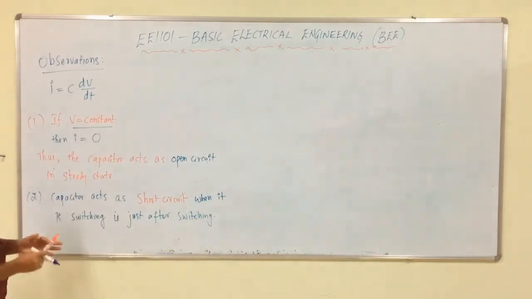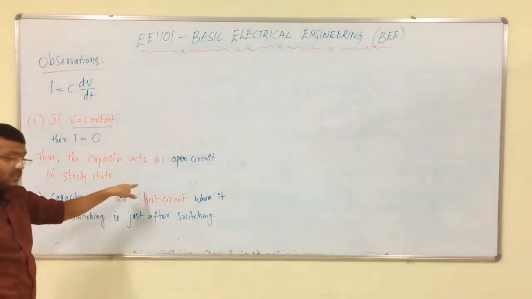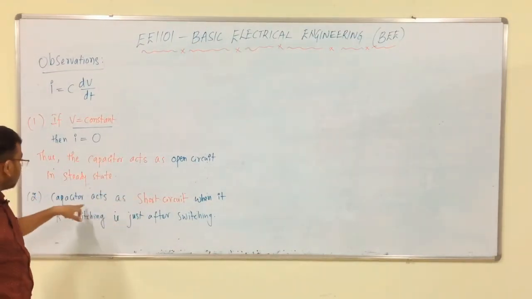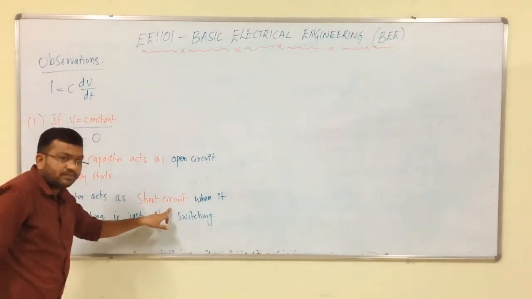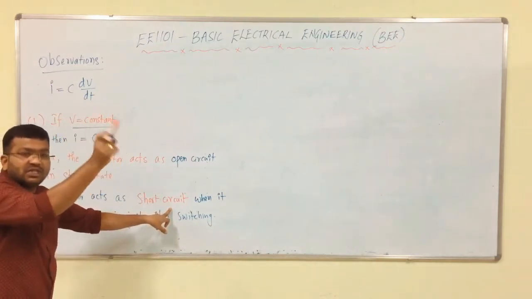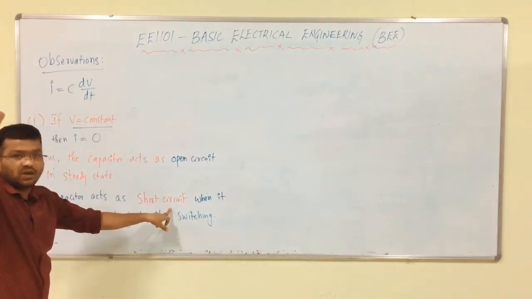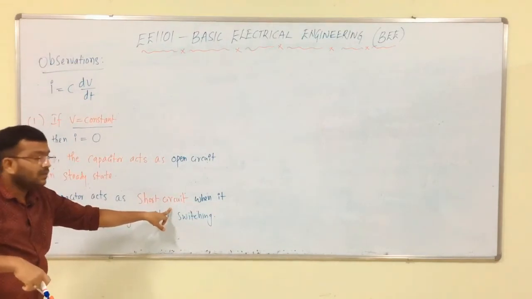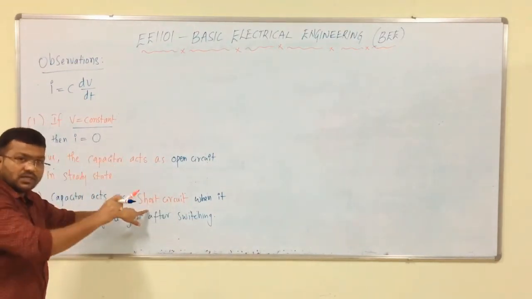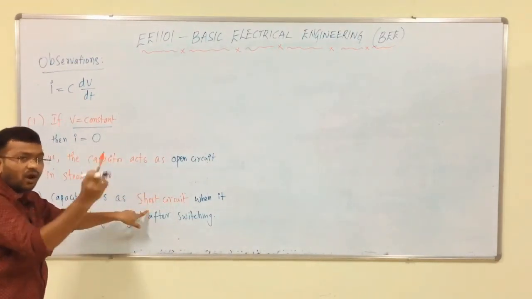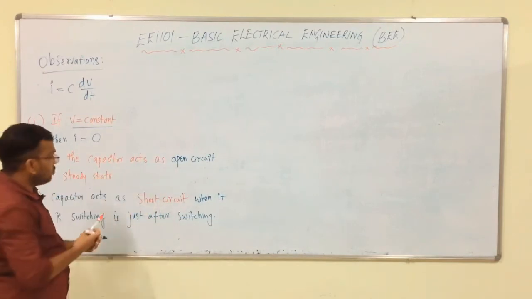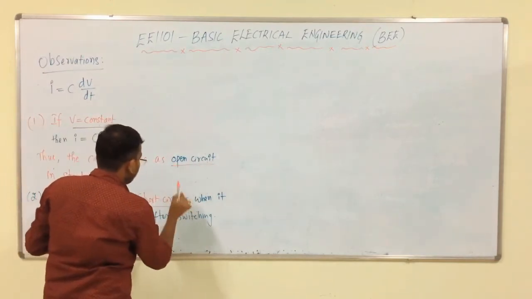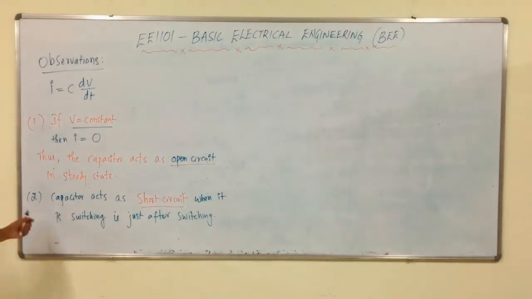In the case of an inductor, just after switching it acts as an open circuit, but in this case the capacitor acts as a short circuit. That is, just after switching short circuit, after that open circuit, in steady state. These two are very important. So, this is the second observation.